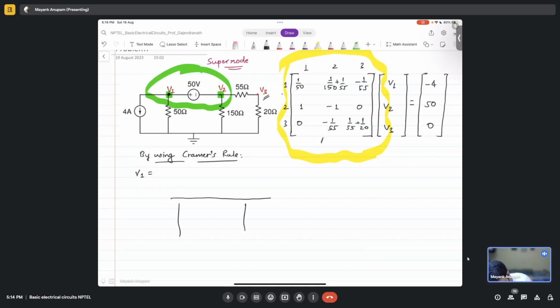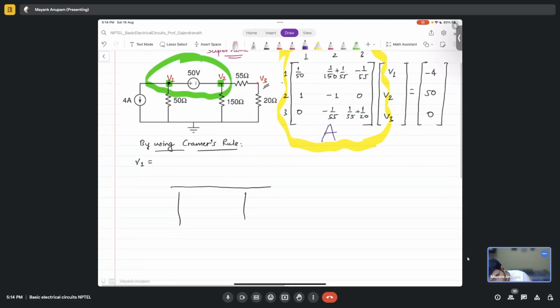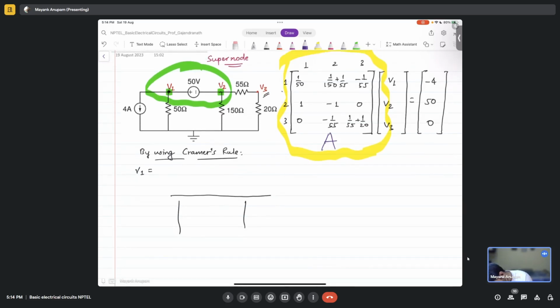Let's call this matrix A. So this is the determinant of matrix A, right?